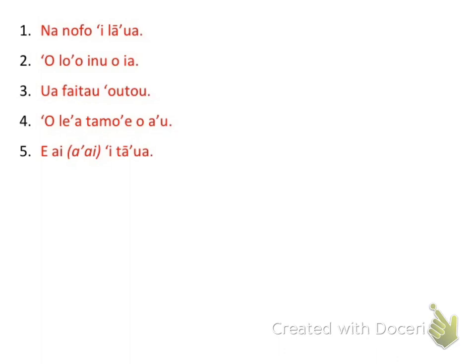So again, I have the past tense known, and then I have a verb that comes right after my tense marker. So my verb in this case is nofo. So nofo means sit, and when it's attached with the tense marker na, then that means sat. Or in the past tense sit.